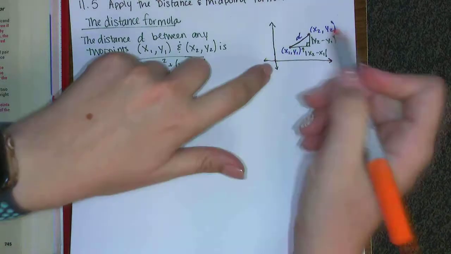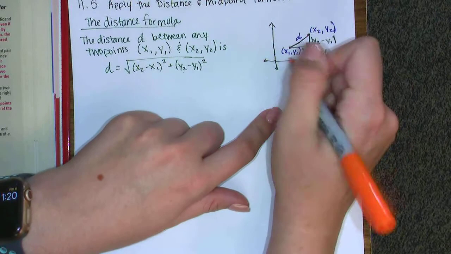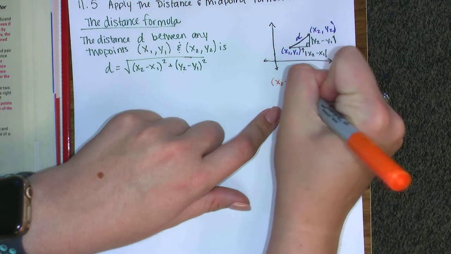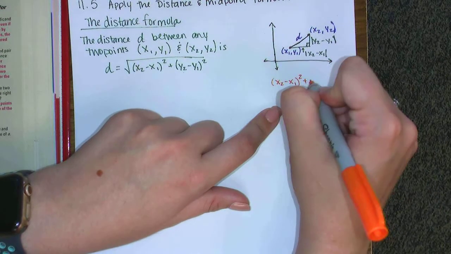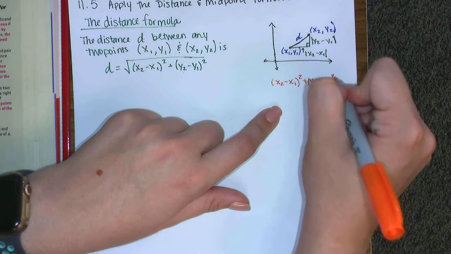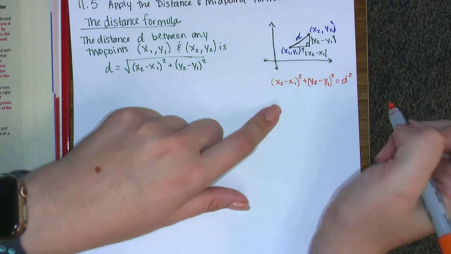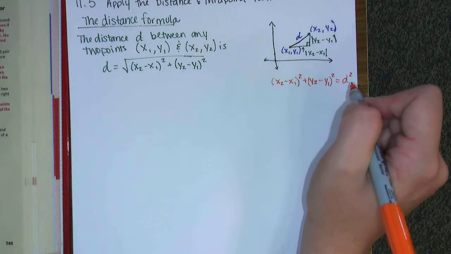Okay? So essentially here, we said this is x2 minus x1. So this is going to be x2 minus x1, and it's all squared, plus y2 minus y1, and that's all squared, is equal to d squared. Okay, if we were to just solve the triangle out following our theorem, okay, that's what we would have.